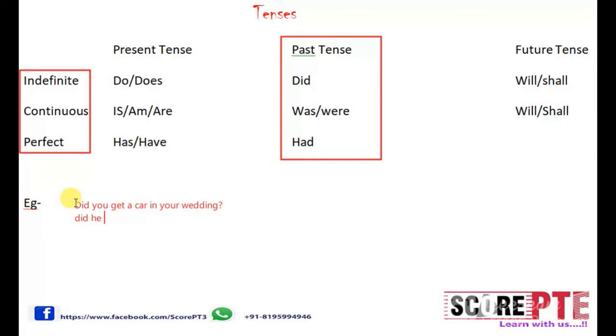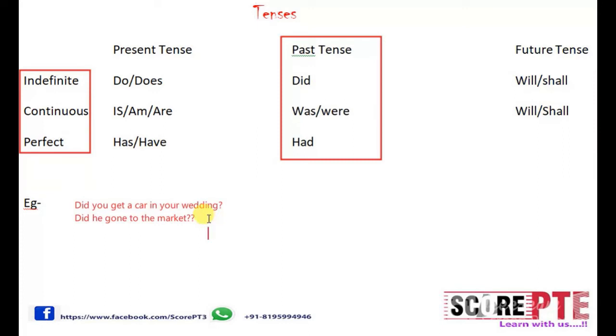"Did he go to the market?" All are past sentences. What are these sentences representing? These sentences are representing past indefinite tenses. Okay.